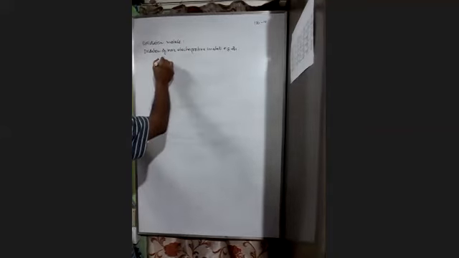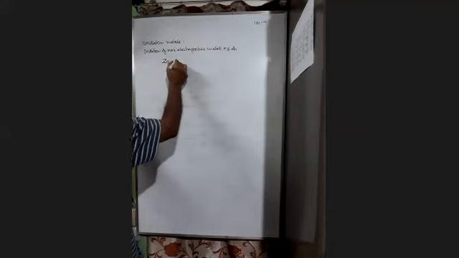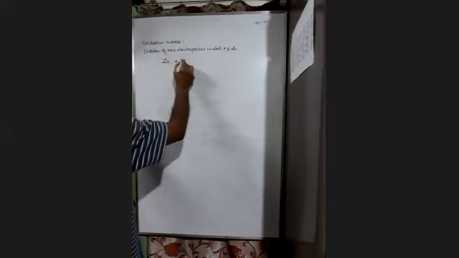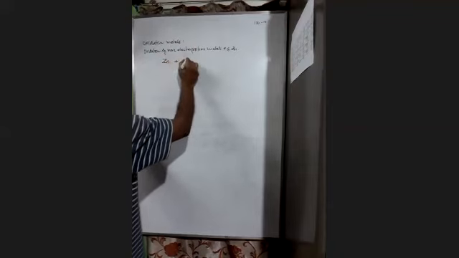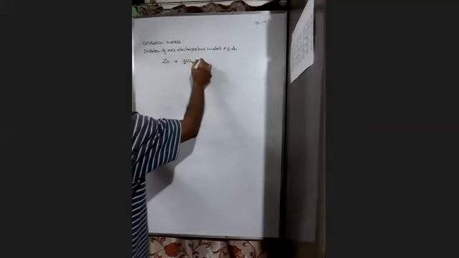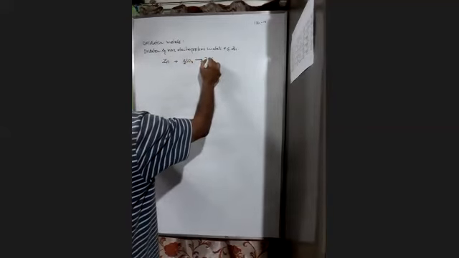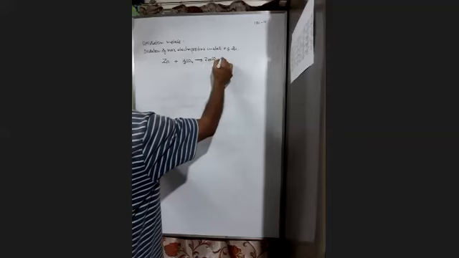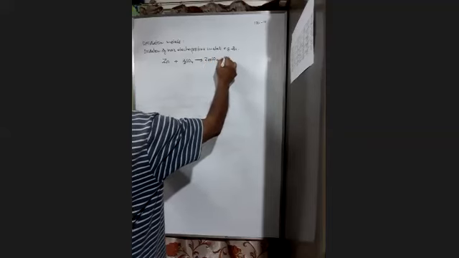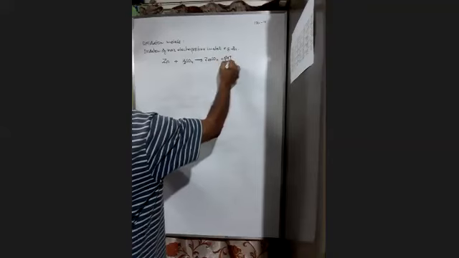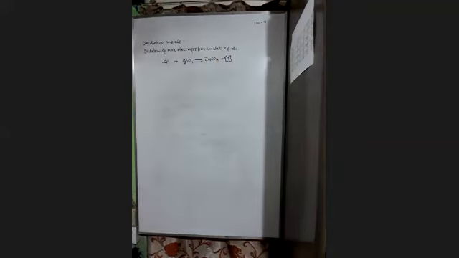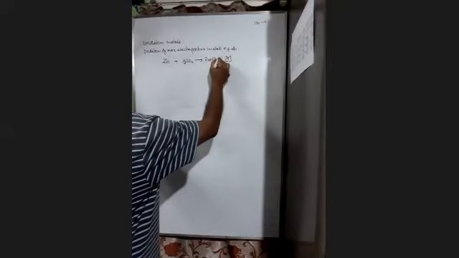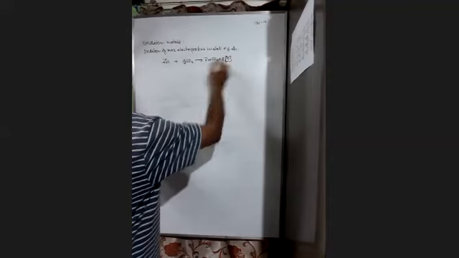What should I write now here? Zinc plus H2SO4, it will give you zinc sulfate and 2 hydrogen. Okay. Now plus 2 hydrogen.